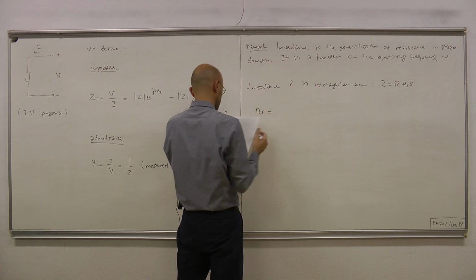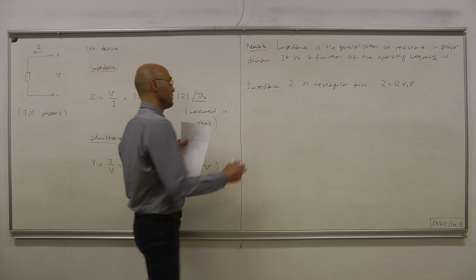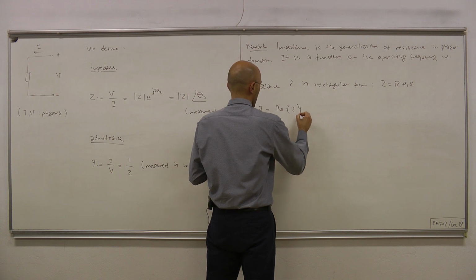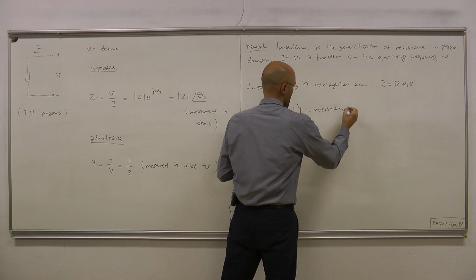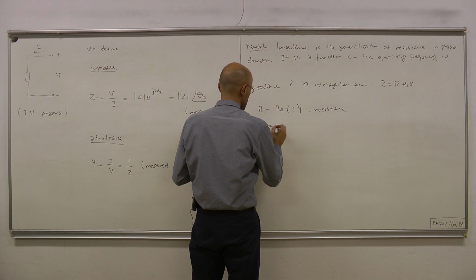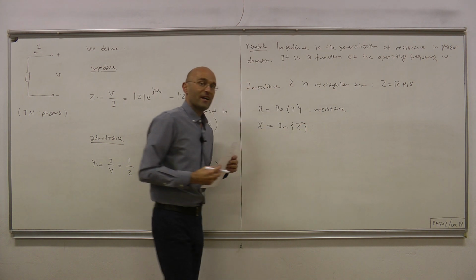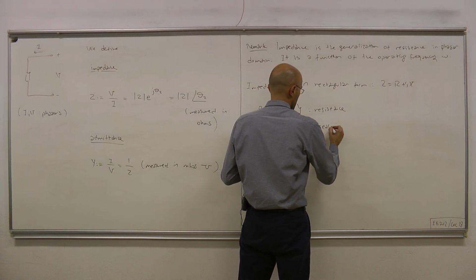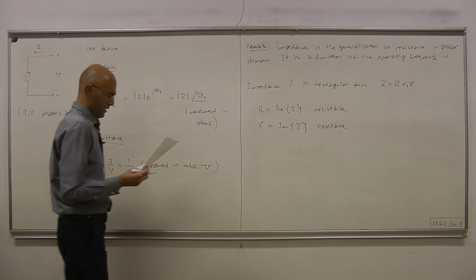R, which is the real part of the impedance of a one-port, is called the resistance of the one-port, and the imaginary part, X, is called the reactance of the one-port.